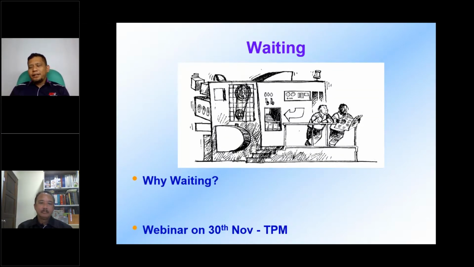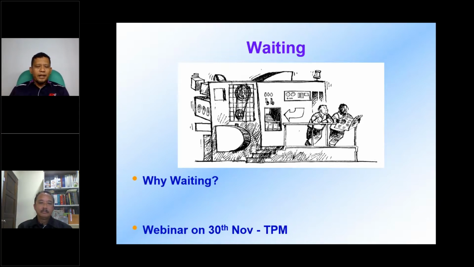Okay, so second type of waste, I'm just going to go through this one quickly. Waiting happens, especially when you have the bigger reactor just now. The reaction time is 6 hours, 10 hours. So the operator in the control room has to wait for the process, and the people doing charging have to wait.